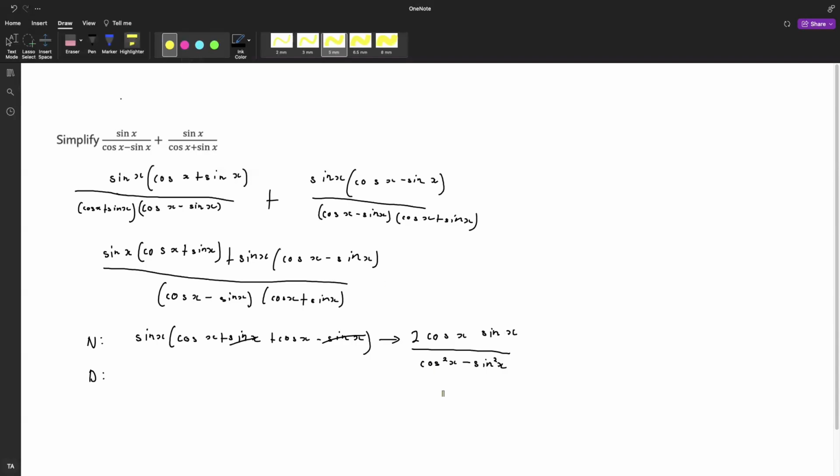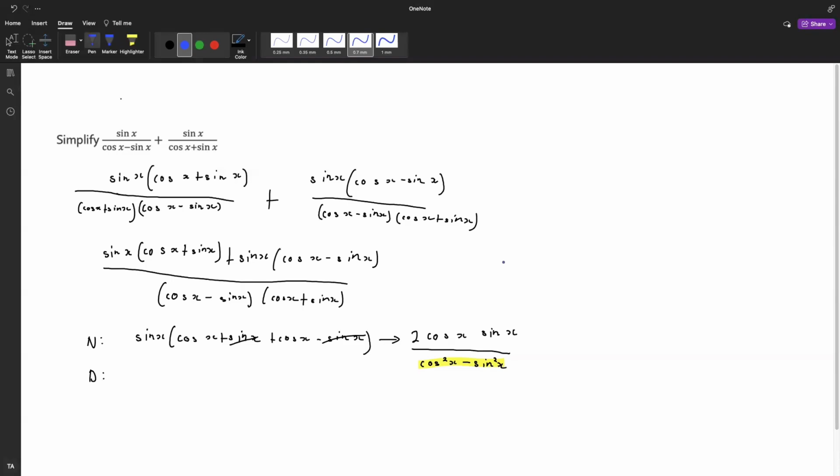In this denominator, cos squared x minus sine squared x, that is actually a trigonometric identity. If you guys have seen this identity, you may have not, but this is in year 12. It's a pretty common one. It should be on your reference sheet, depending on which exam you take.